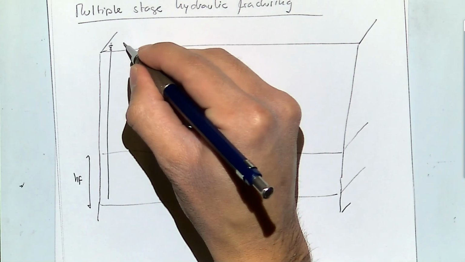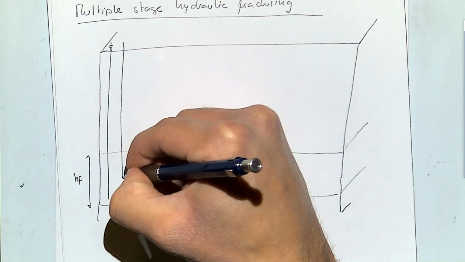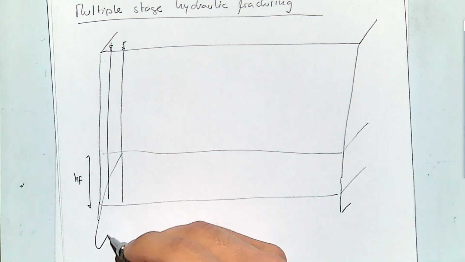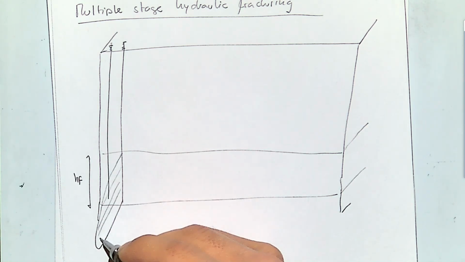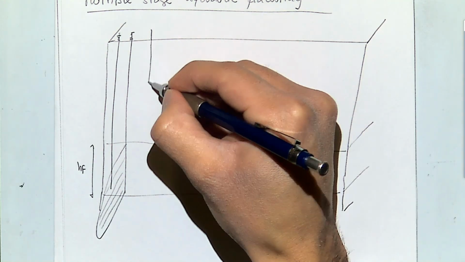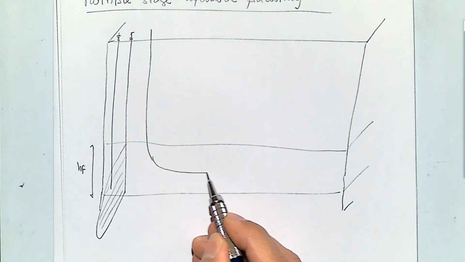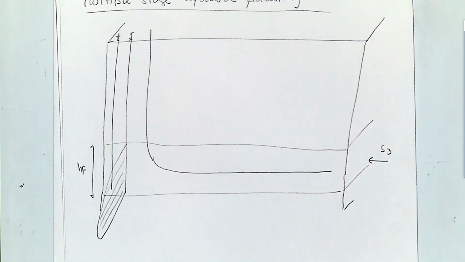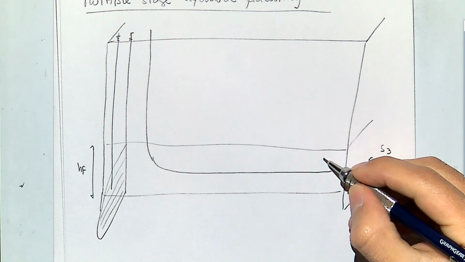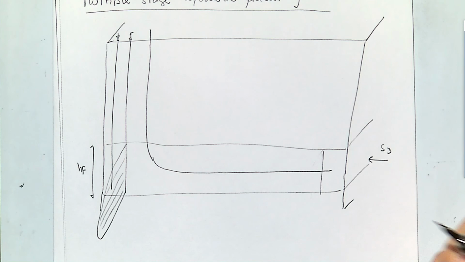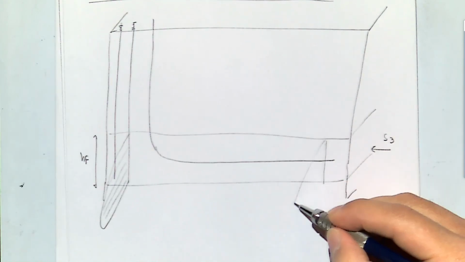You could drill a vertical wellbore with a hydraulic fracture, or you could drill a wellbore, kick a lateral out of it, and put multiple hydraulic fractures in it. I'm just going to draw one right now, but imagine that you have multiple hydraulic fractures there.